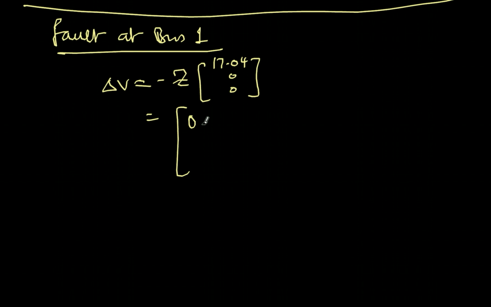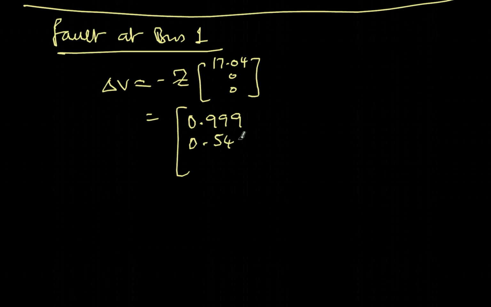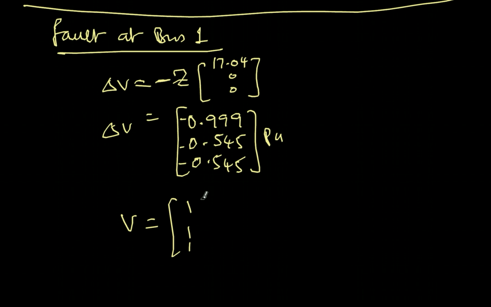So 0.999, 0.545, 0.545. This is all in per unit with a minus sign, of course. So this is the change in voltage. Therefore, what is the actual voltage? 1, 1, 1 minus 0.999, 0.545, 0.545.